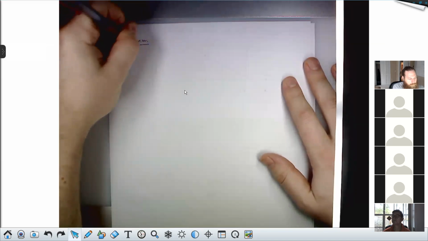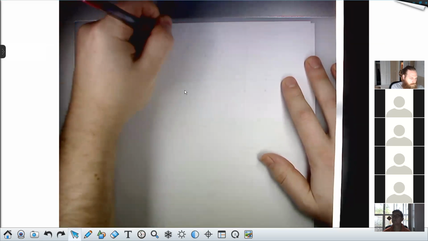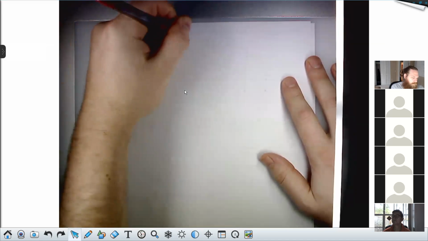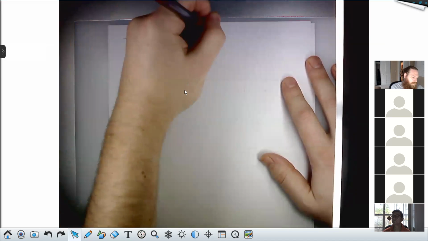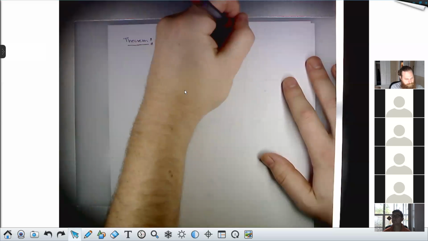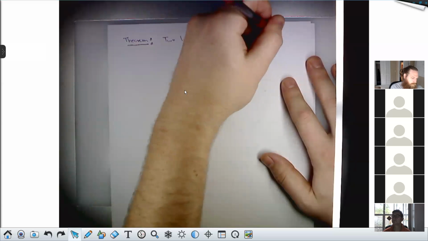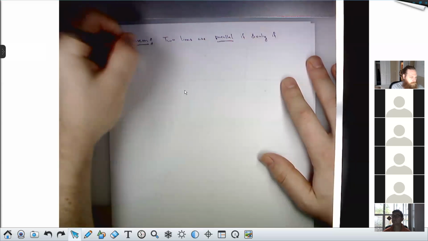An important fact in mathematics is called a theorem. Two lines are parallel if and only if they have the same slope.